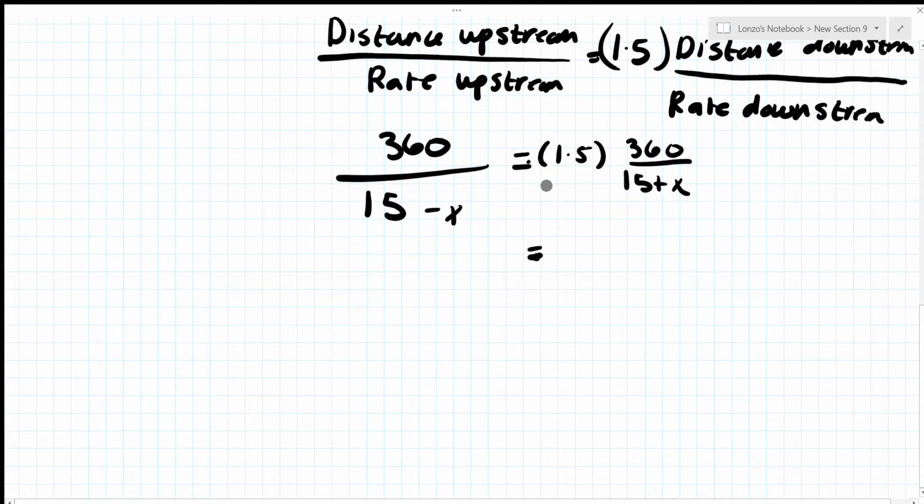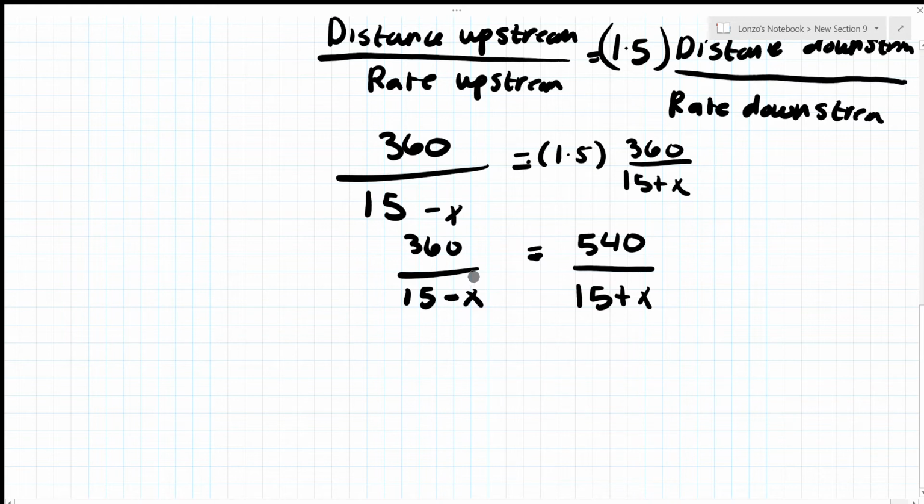Let's fix the right side. So 1.5 times 360 is 540 divided by 15 plus x. And then this is just 360 over 15 minus x.